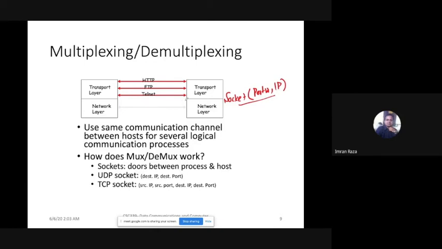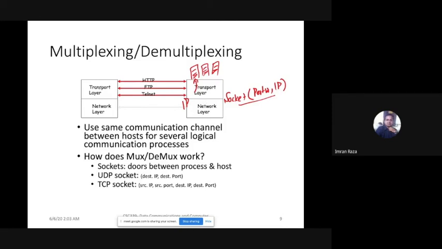which will help me to identify the process that I have to forward this data to, right? So IP will help me reach this machine. Say this is the destination, and there are many processes going on here. So I'll use this port number to decide which process I'll be forwarding data to, right? This process at the destination is known as demultiplexing, right?